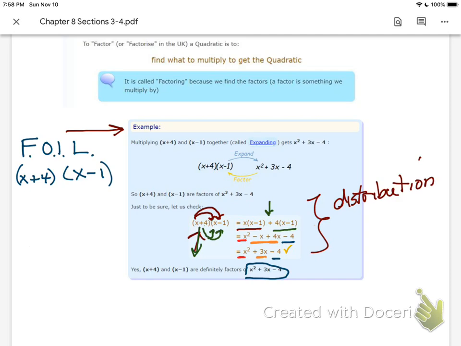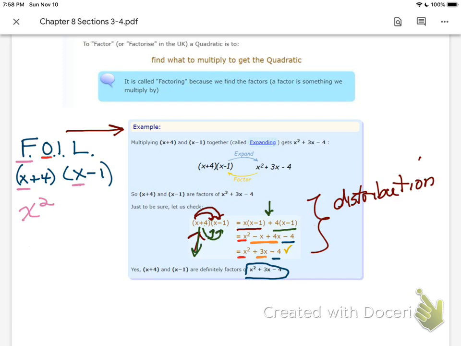What I'm going to do first is the F. So when I do the letter F, which is first, I'm going to say my first term times my first term here. So that will give me x squared. x times x is x squared. So we'll change colors, and then we're going to do our outers.